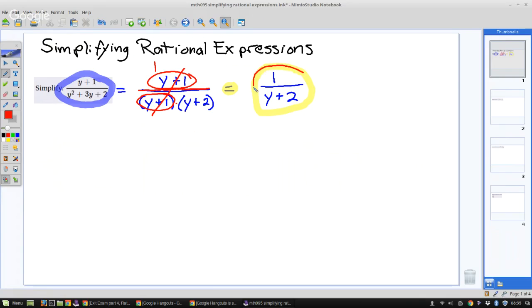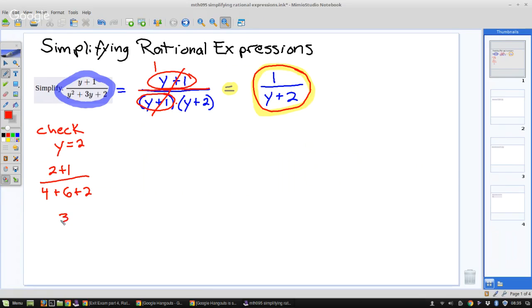So I believe this is the answer, simplified expression, and I'm going to check by picking a convenient number, and let's say I'm going to plug in y equals 2. So plugging that into the numerator, I get 2 plus 1. The denominator, I'm going to get 2 squared plus 3 times 2 plus 2.